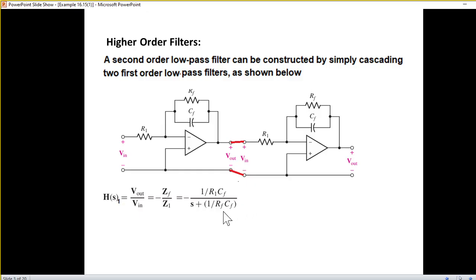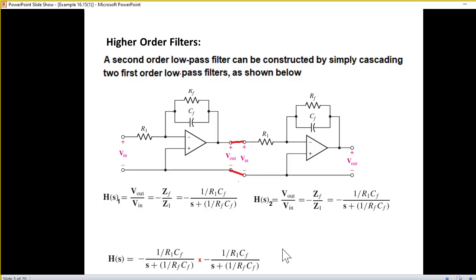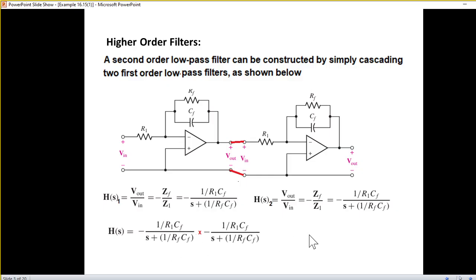I'll not go into the details. You can check from the book. Not really important, just to give you an idea. The same with the second one. And the combination will have the multiplication of the two to get the complete transfer function, and which will look something like this.